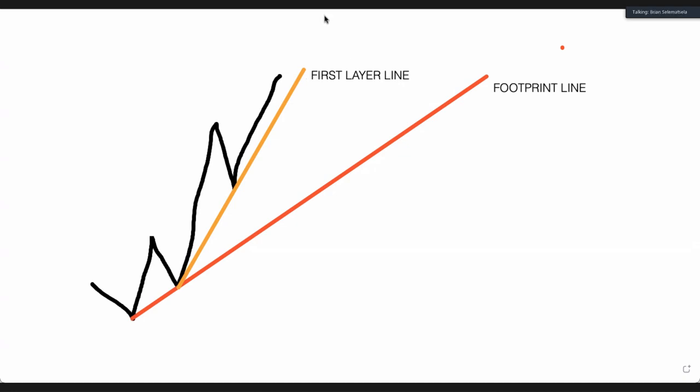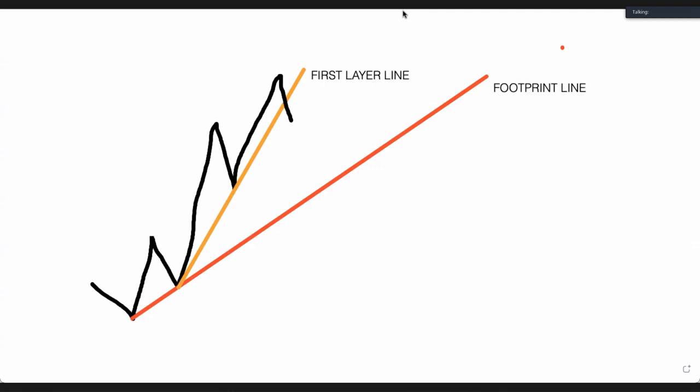And here we just simply know that when the market decides to break that first layer line, it means that the momentum is not as high as it was, because if the momentum of this trade was high, it would have continued going up.